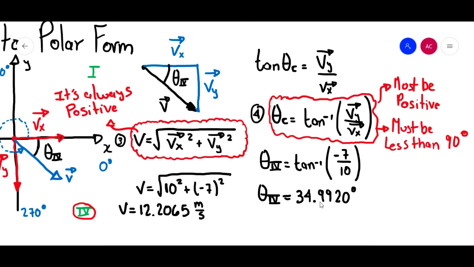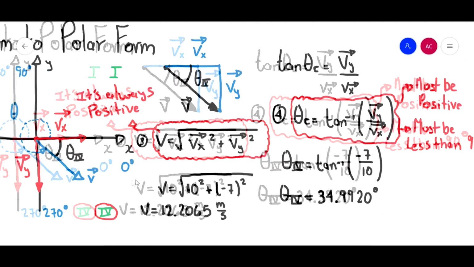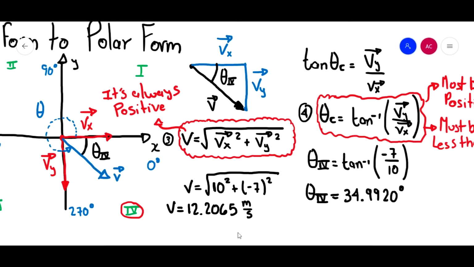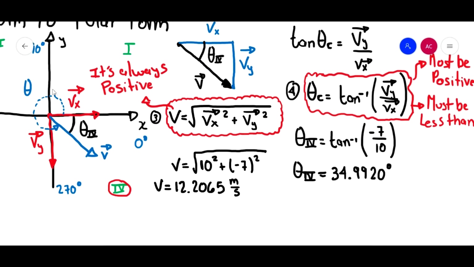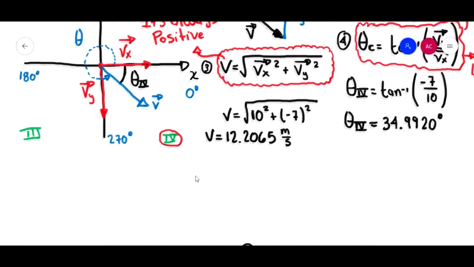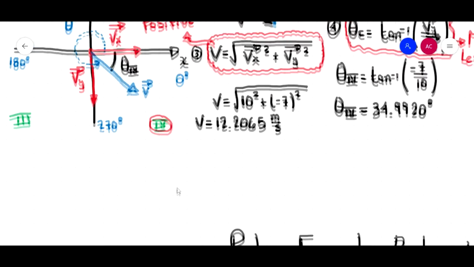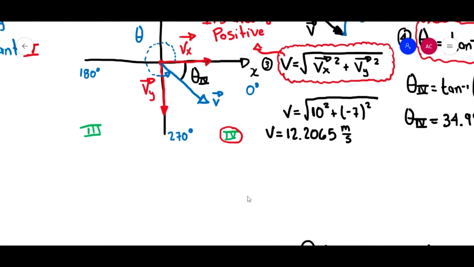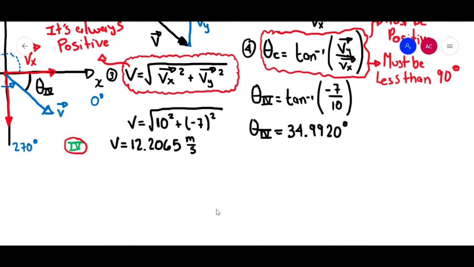Remember that this angle is this little angle that I have here. I don't want that angle. I need the total angle that is measured from 0 degrees. So in order to find the total angle, I'm going to draw a little Cartesian plane.